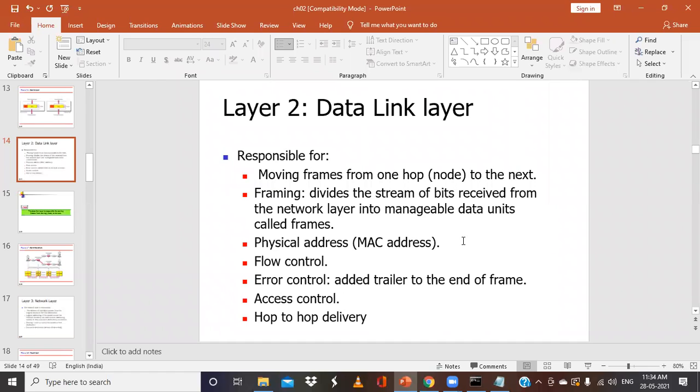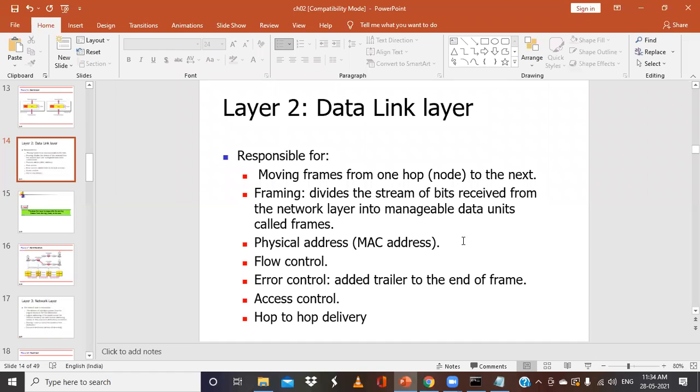So there should be coordination between the sender and the receiver. If the rate at which data is absorbed by the receiver is less than the rate at which data is produced by the sender, then there will be no balance between the sender and the receiver. So there should be flow control. This will be managed by the data link layer.